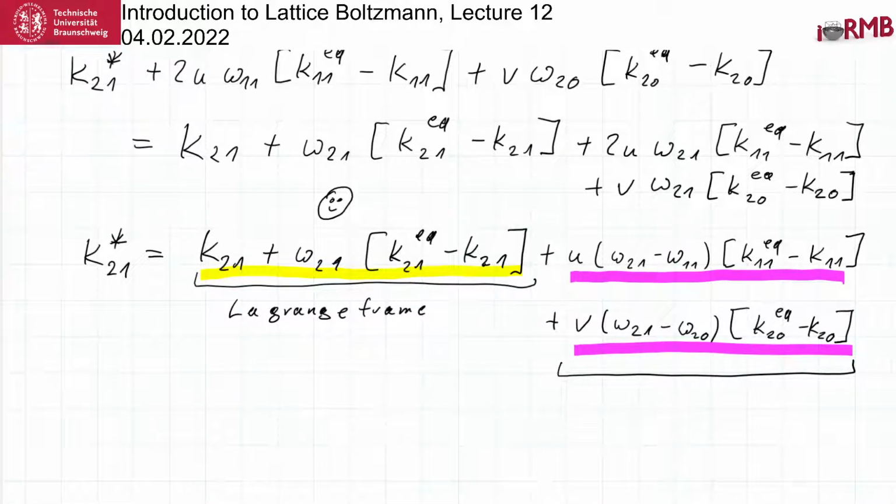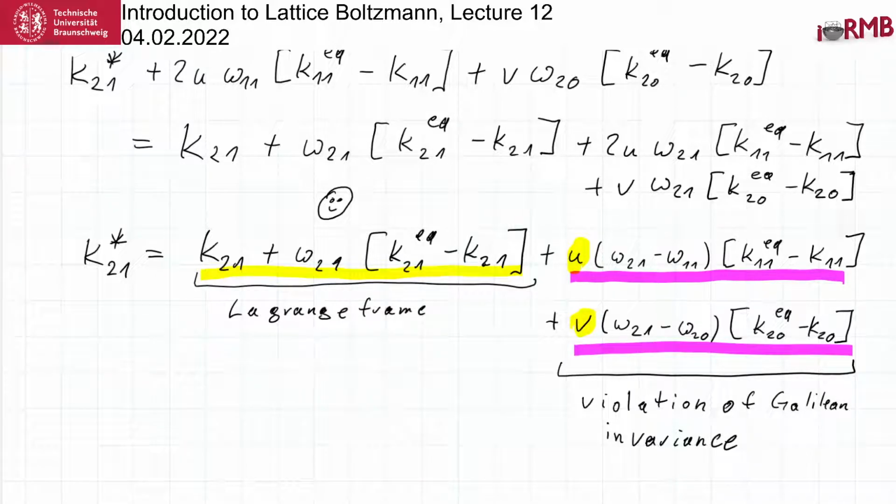So the collision in the Lagrangian frame is not allowed to depend on the velocity. So this here is a violation of Galilean invariance. It's violating the Galilean invariance because it depends on the velocity.